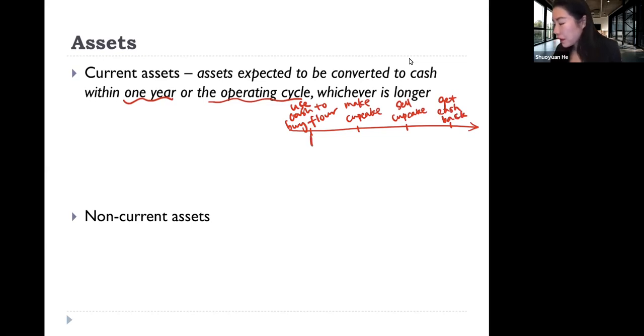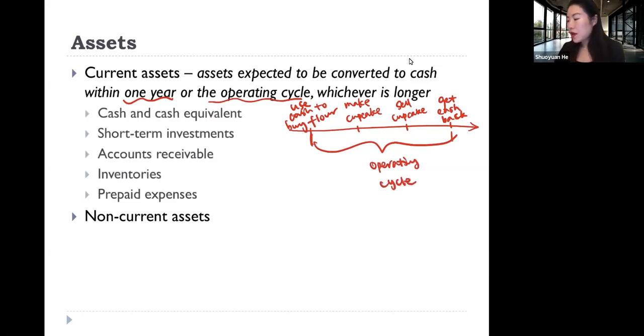So from the first step of using cash to purchase raw material until I sell my finished goods to get cash back, this whole cycle is called one operating cycle.